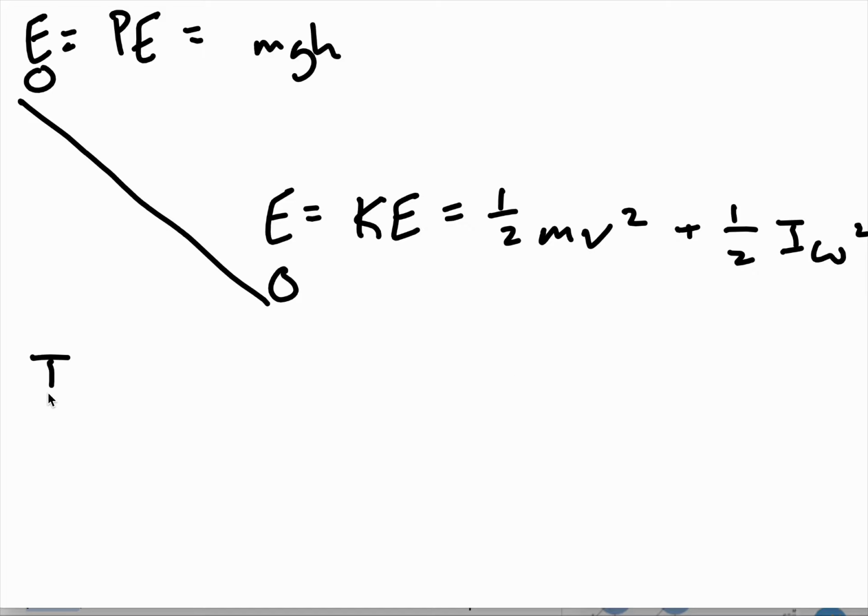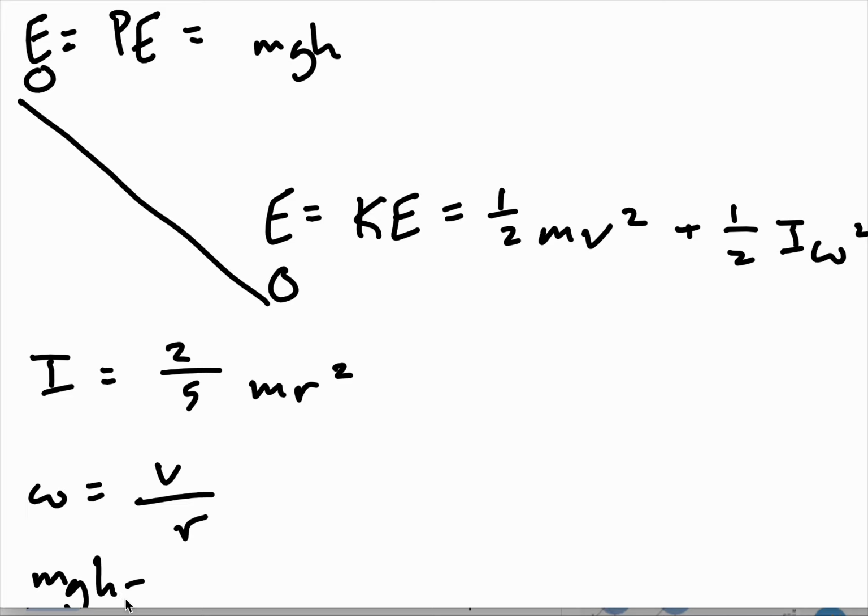Now remember that the moment of inertia for a sphere is 2/5 mr squared, and omega is equal to v over r. Okay? So first off, mgh is equal to half mv squared plus half I omega squared, right?